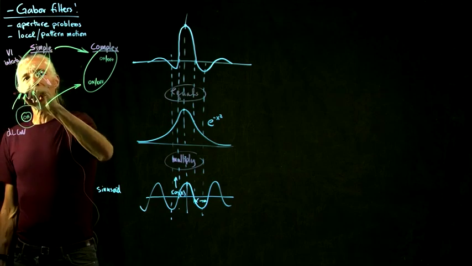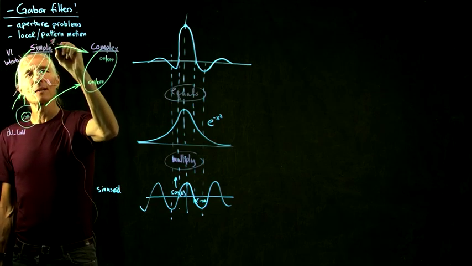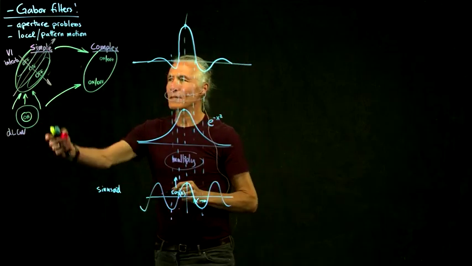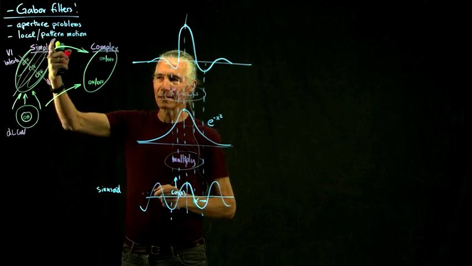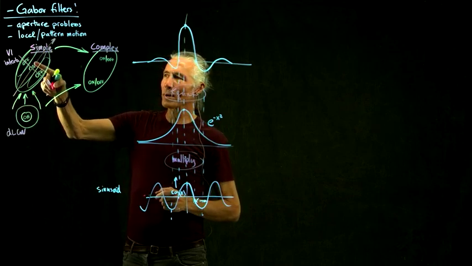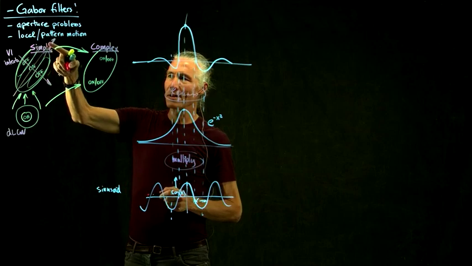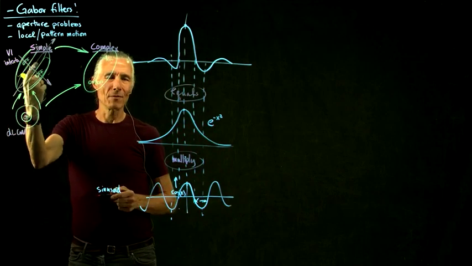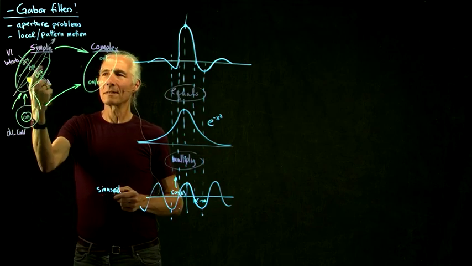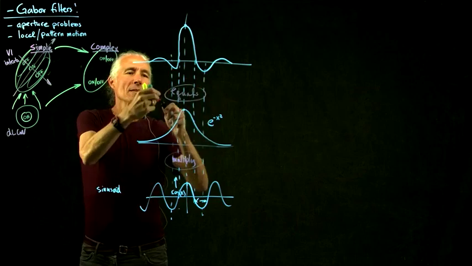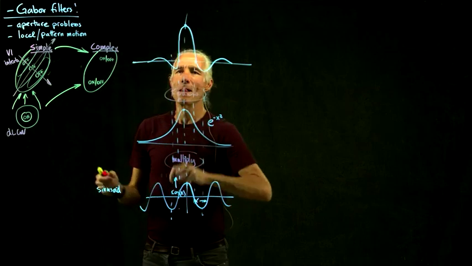Now what about going across the receptive field this way? That's just a Gaussian. If we look at the long axis, it's going to be nothing, and then bigger, bigger, bigger, and then you get to the other end and it goes down. But if we go in this direction, it's going up and down. It's got a peak in the middle, and then two troughs on either side.